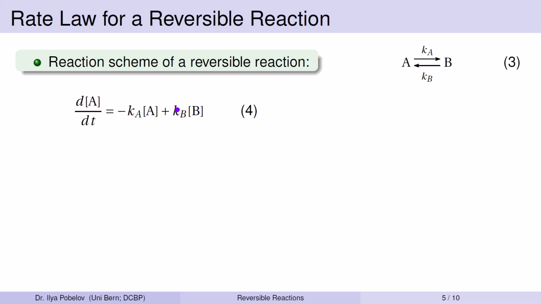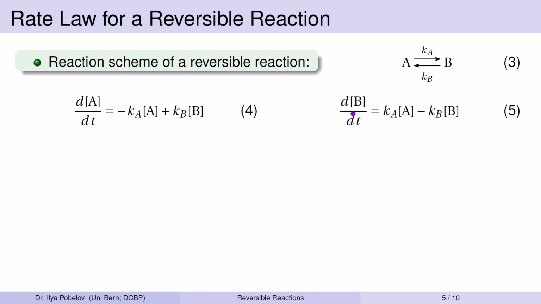This duality in the rate expressions reflects the reversible nature of the reaction, where both formation and decay processes are continuously occurring and influencing the concentrations of A and B.